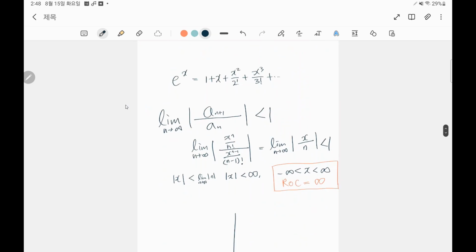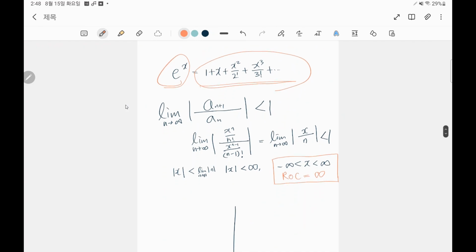Now let's do the ratio test on the genuine Taylor series we derived last time, e to the x expanded about x equals 0. You get this Taylor expansion on the right hand side. So let's do the ratio test on the right hand side and see what the condition is for the right hand side to converge to its original function.